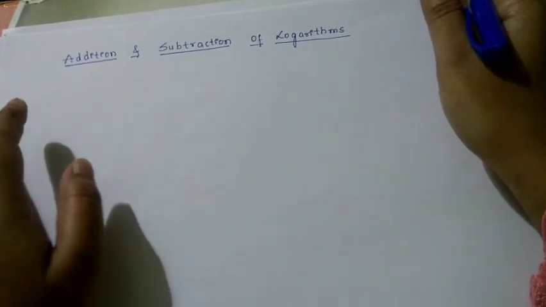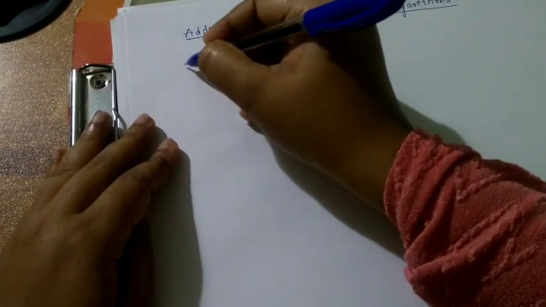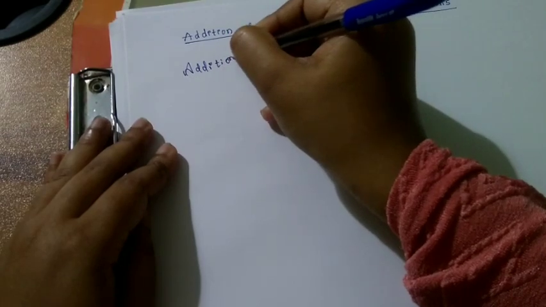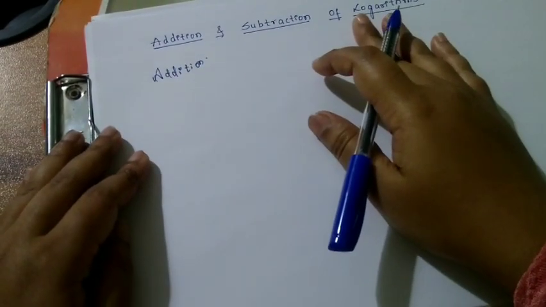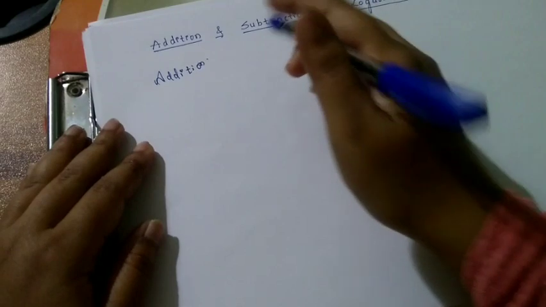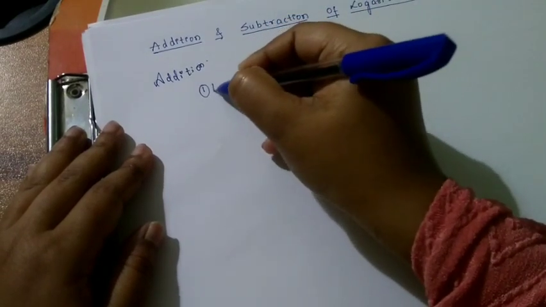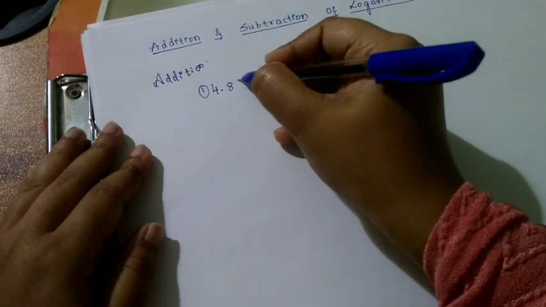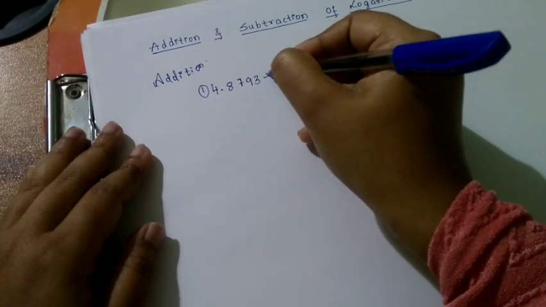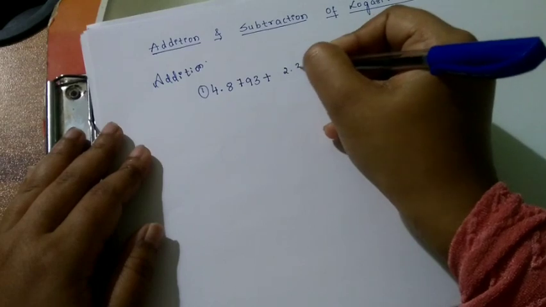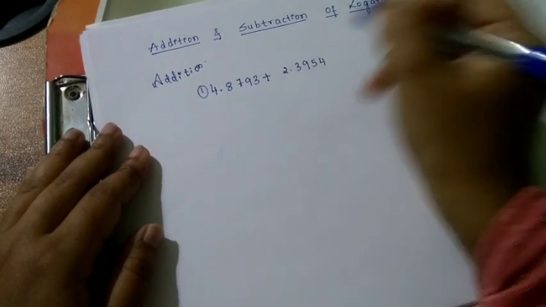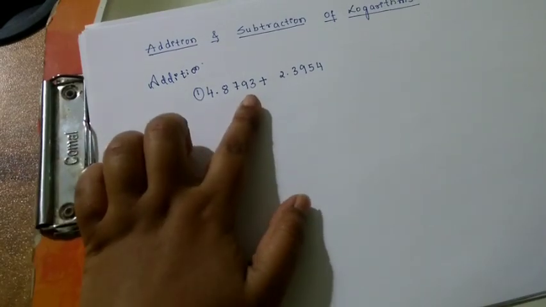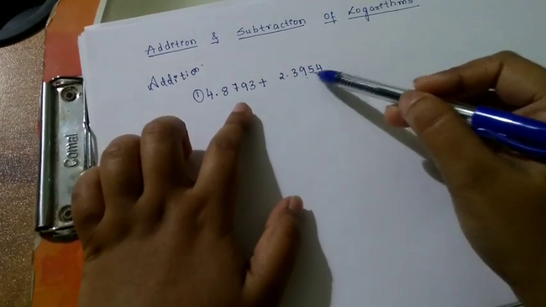First one, addition of logarithms. What does addition of logarithms mean? It is very easy. First example, I'm going to consider 4.8793 plus 2.3954.